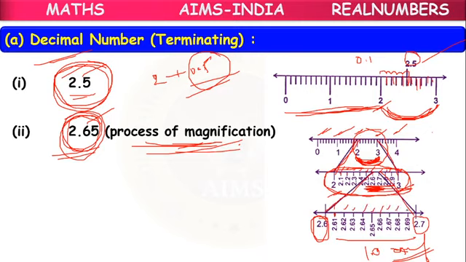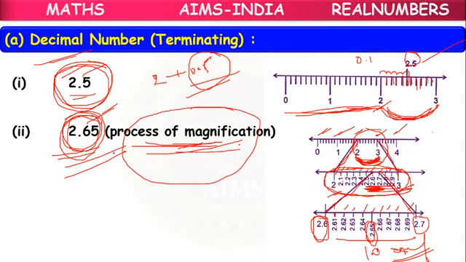Out of that, the fifth part will be considered as 2.65. Like that, by the process of magnification, we can locate decimal numbers having more decimal places. In this example, we have magnified up to 2 decimal places and located it.